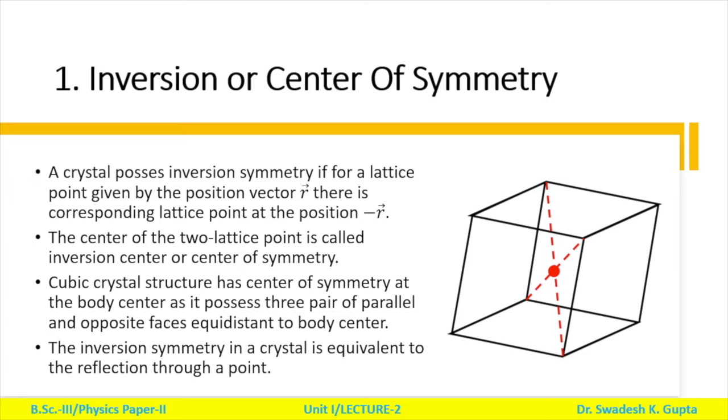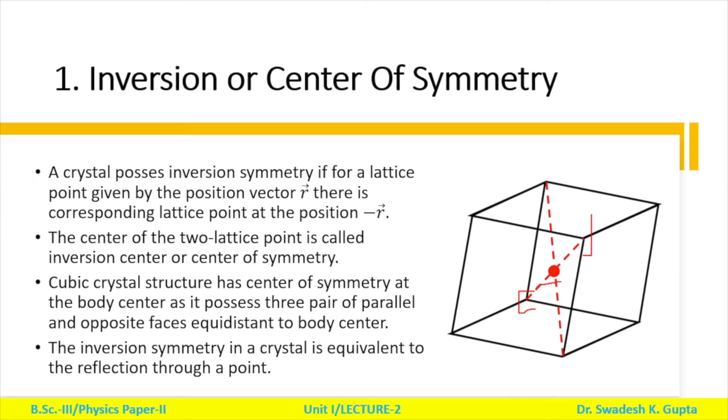The cubical structure has the center of symmetry at the body center. Now, if you see here, this is the center, and this point and this point are at the same distance from this center point.